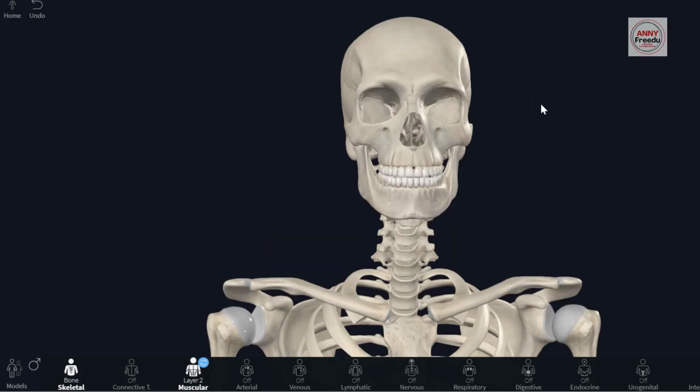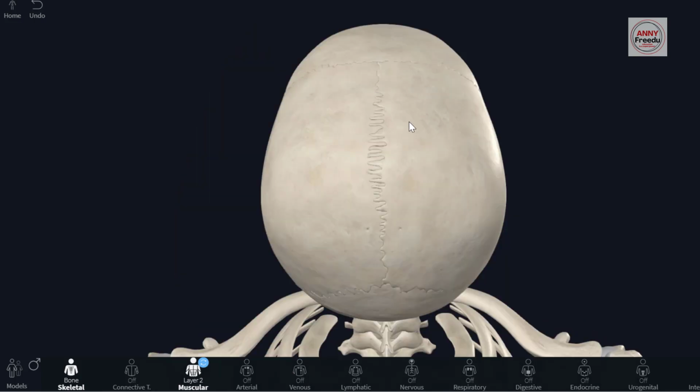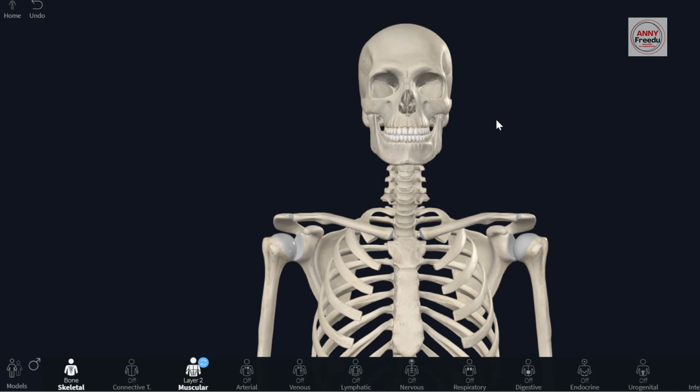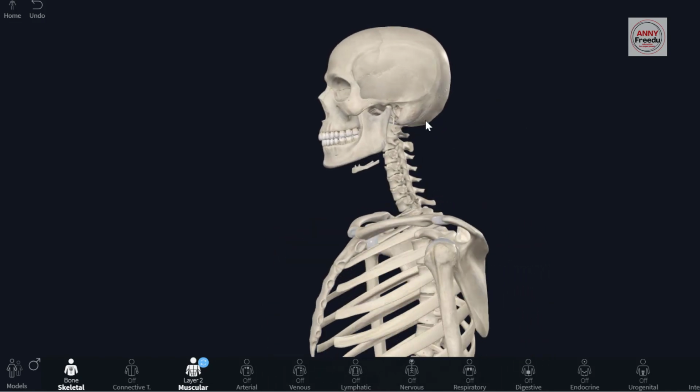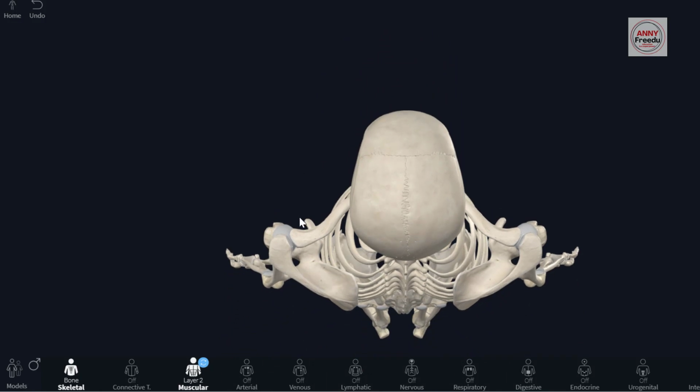The skull is created by bones, obviously, and here we have multiple bones. Right now, we are observing our skull from the anterior view. Now, this will be the lateral view, posterior view, and superior view.